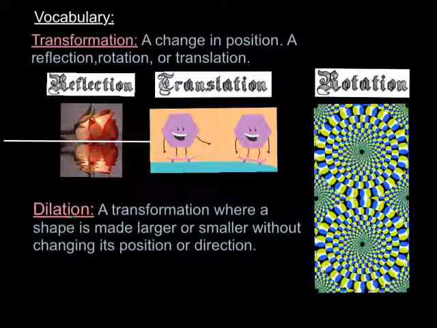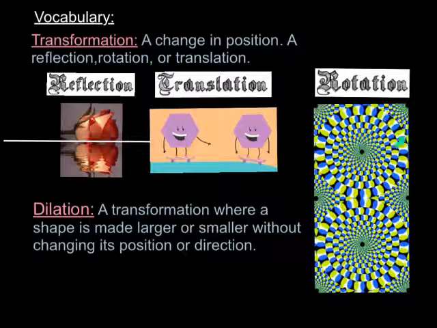A dilation is another type of transformation, so a change in position where the shape is made larger. So if you see here the reflections, the translations, and the rotations, those move, but the shape stays the same size. This hexagon moved, but it stayed the same size.